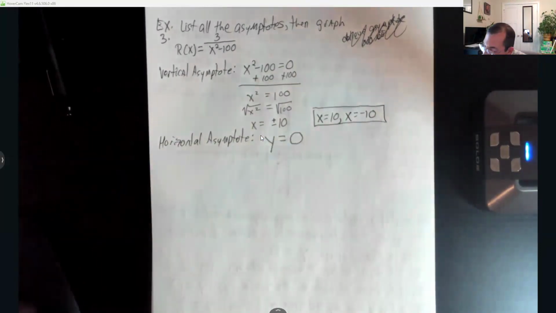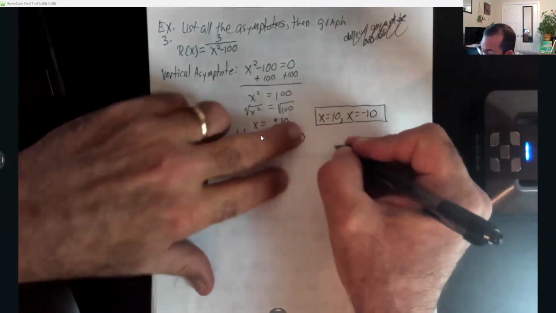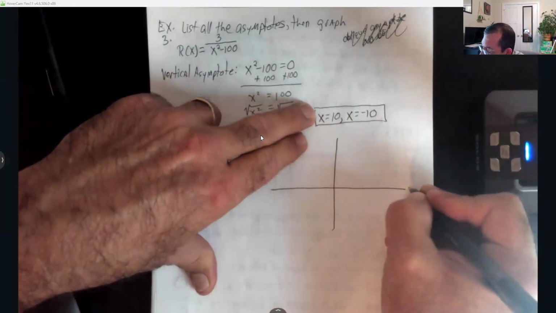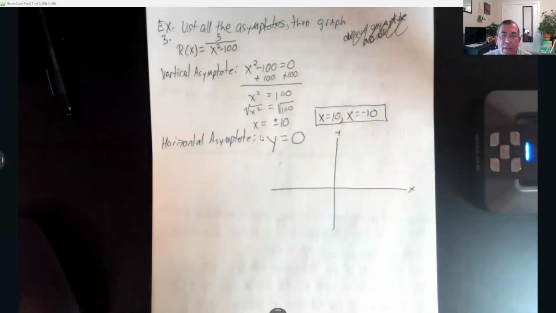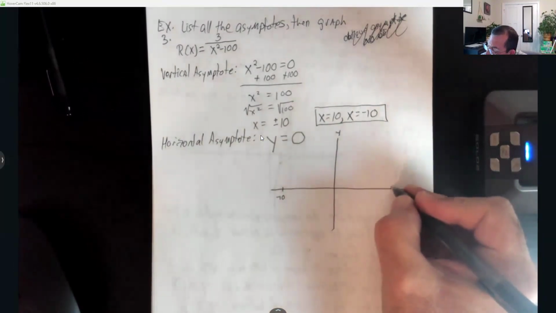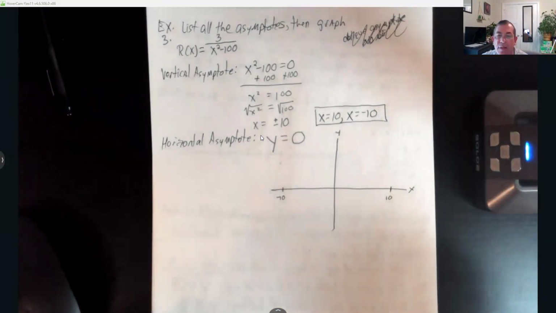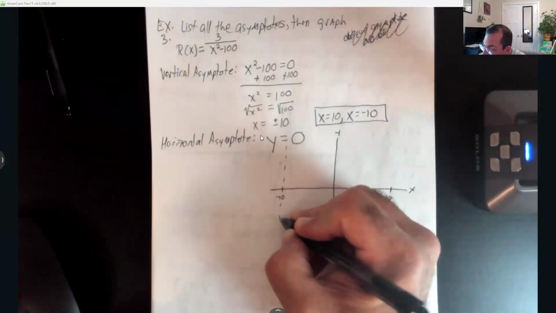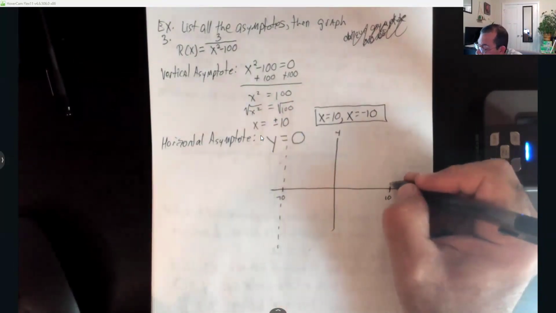Now, to pick out my graph, I do know one thing, don't I? One thing I know about this graph, over here at negative 10, over here at positive 10, my graph cannot cross those 2 vertical lines.